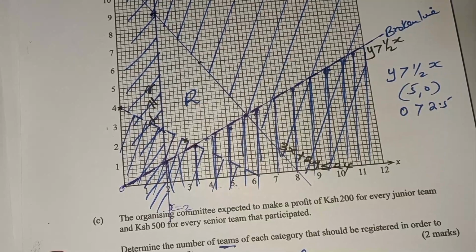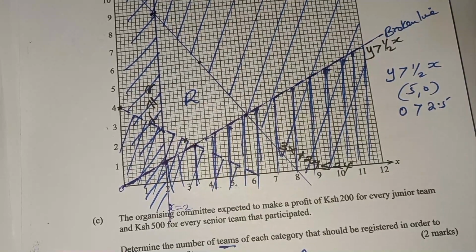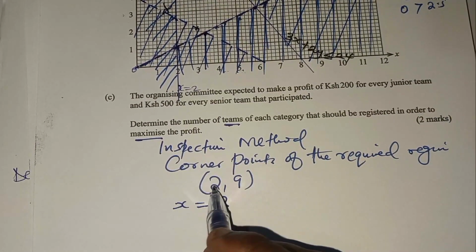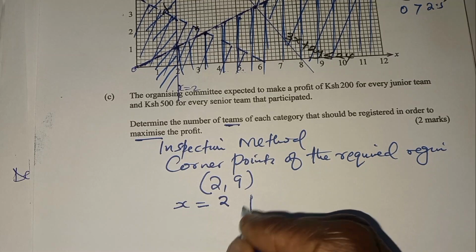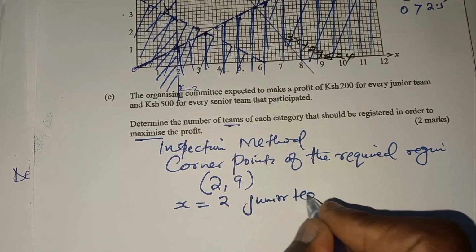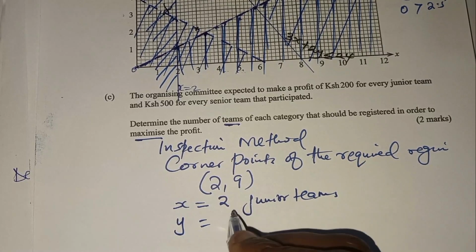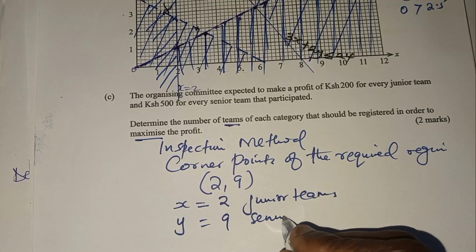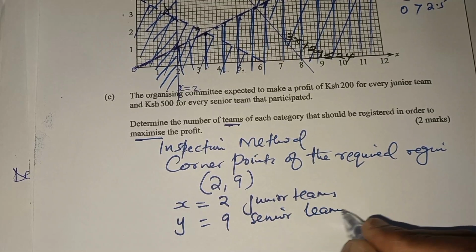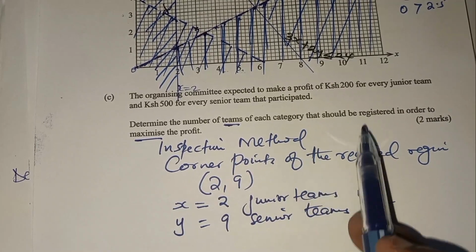So the number of junior teams will be 2. So X is equal to 2, those are 2 junior teams. And Y, these are senior teams, they are 9. So that is how we solve that question.